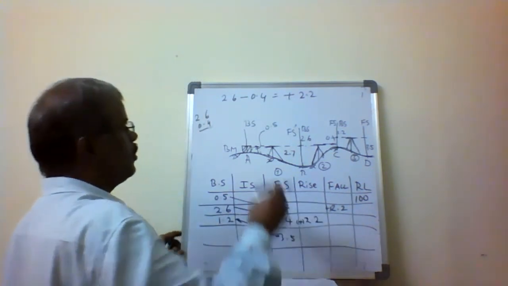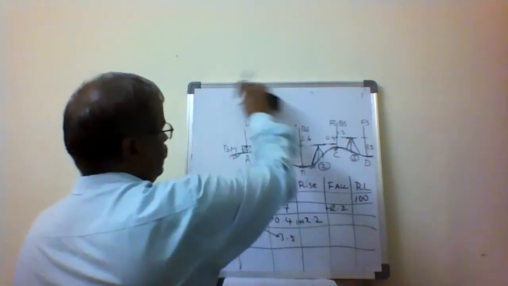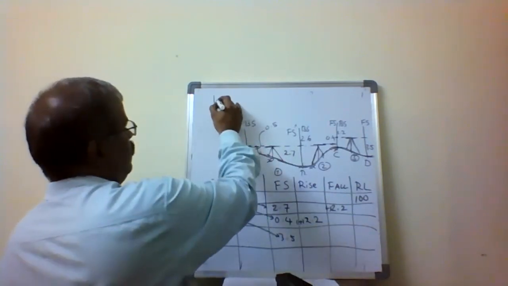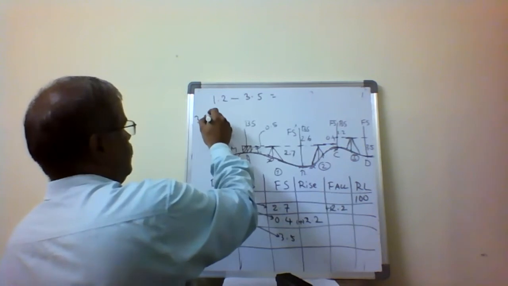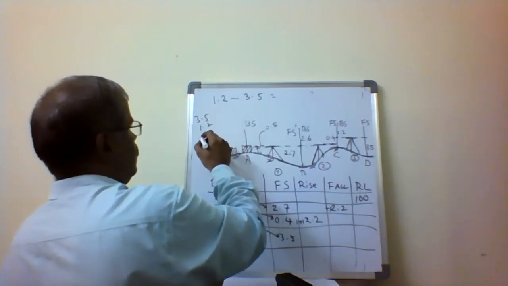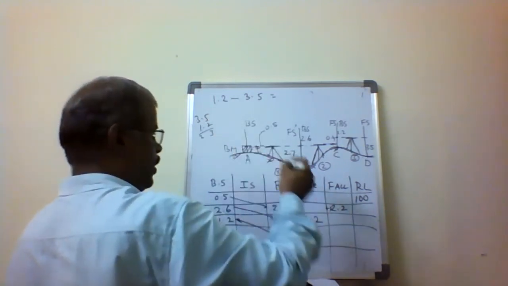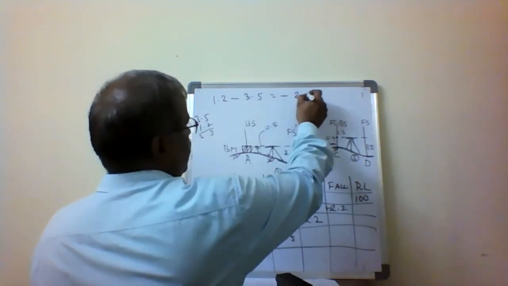Then 1.2 and 3.5. 1.2 minus 3.5 is minus 2.3.